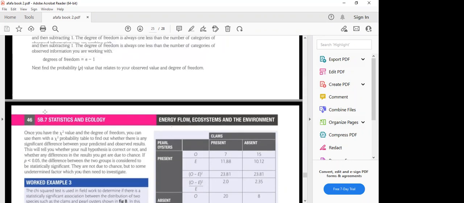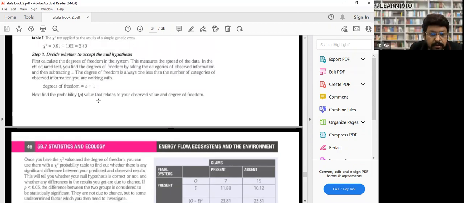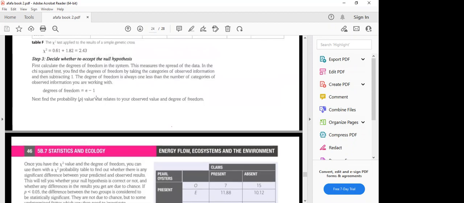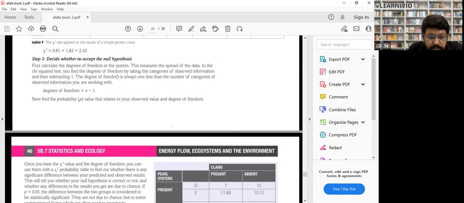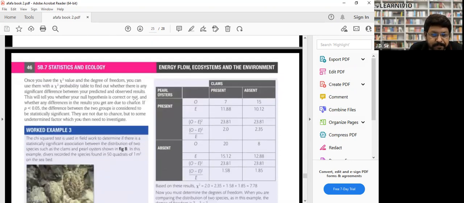The reader says it's statistically significant. Where? Here, look, which line? Page 46. Okay. Once you observe the x square value and degree of freedom, you can use the x square probability table to find whether there is any significant difference between the predicted and observed result.